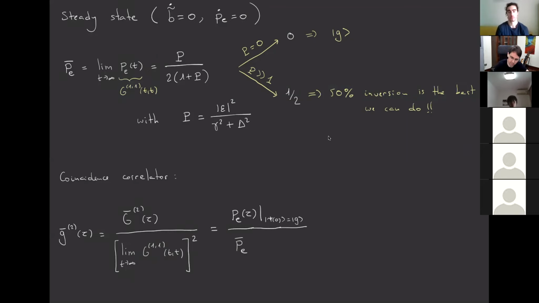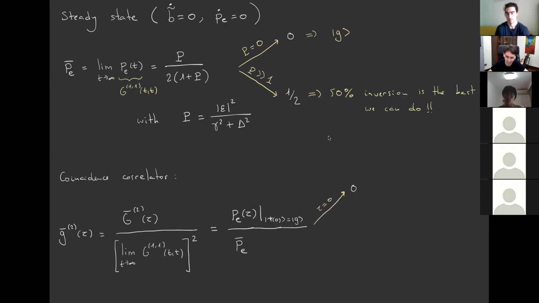And this, it's completely trivial to understand two specific limits. So we will talk now about the specific shape of P_E of tau, but you already know what happens in two limits. So when tau is equal to 0, what is the probability of being excited if you are in the ground state? 0, by definition.